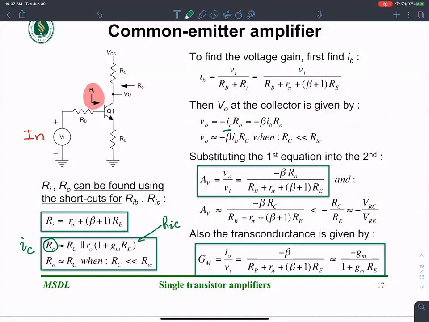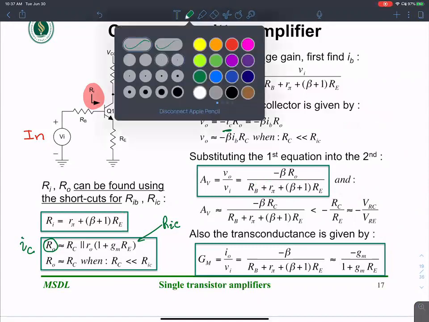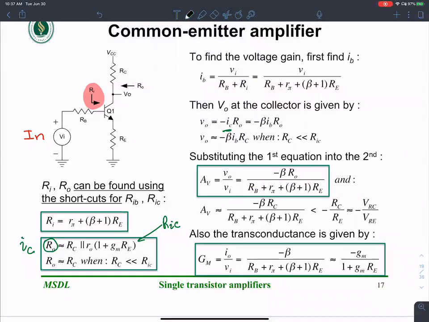So gain is really V output over V input, which is R output times I output, divided by R input times I input.